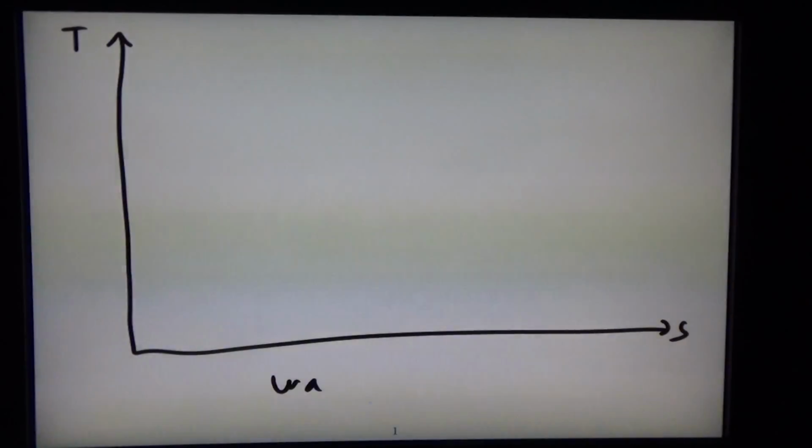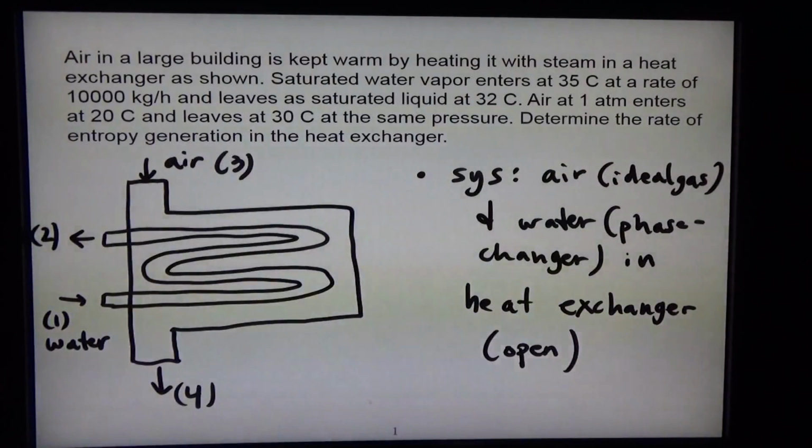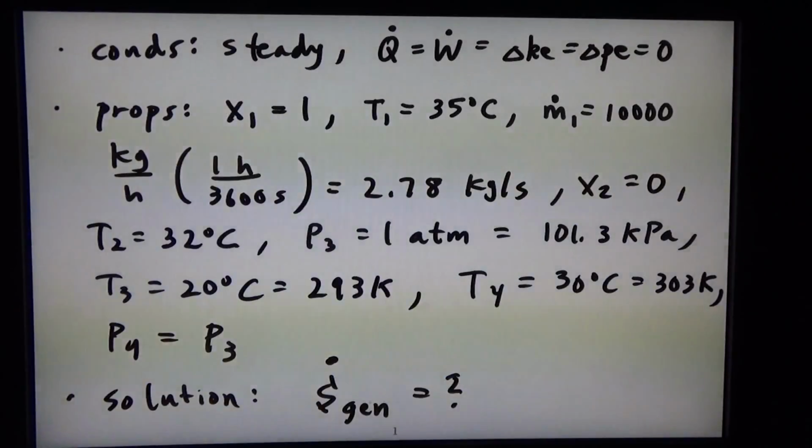So let's show the TS diagram for the water first of all. For the water, we need to put in our saturation dome. And for the water, we have a constant pressure line. For T1, we don't actually know the original pressure, P1. We don't know the final pressure, P2, either.